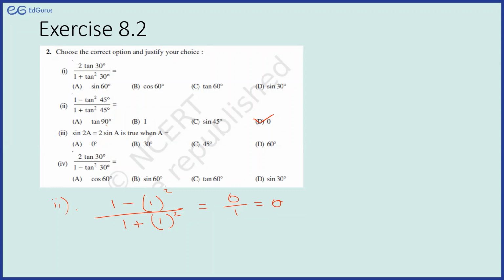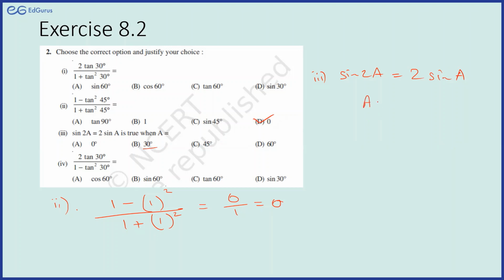Now let's try number 3 also. In number 3, they are saying sine of 2A is equal to 2 times sine A. For which angle is it true? 0, 30, 45, and 60. Let's take 30.